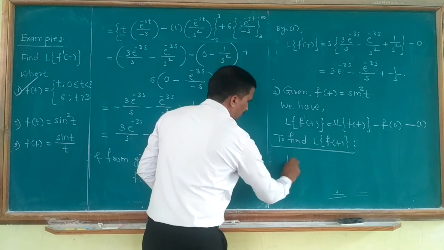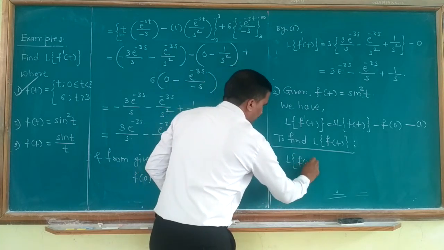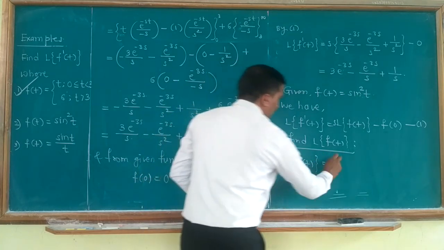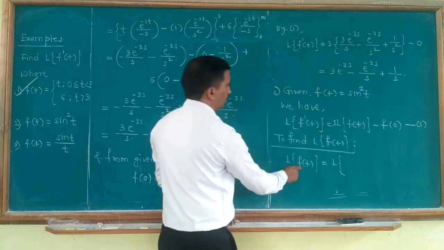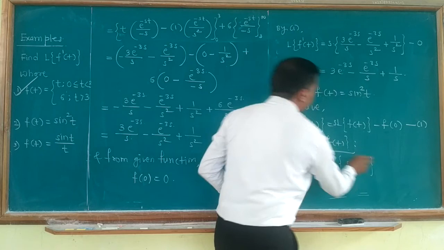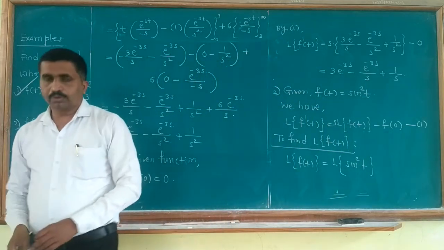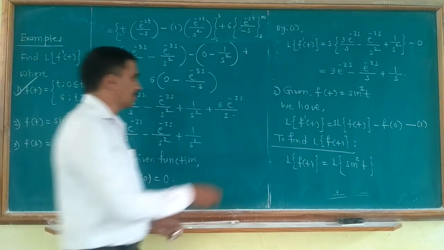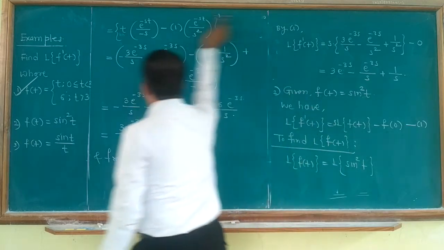Let us consider Laplace of f of t is equal to Laplace transformation of, now f of t is nothing but sine square t, and here you have to use the formula for sine square t.